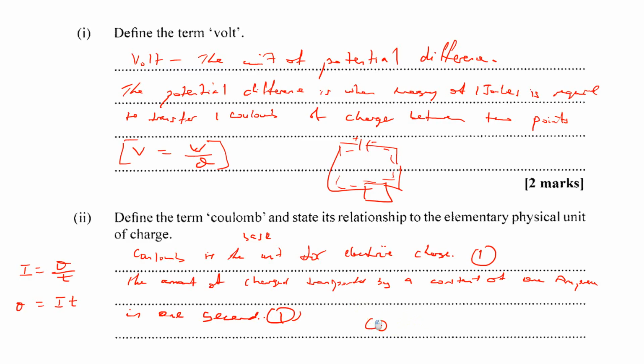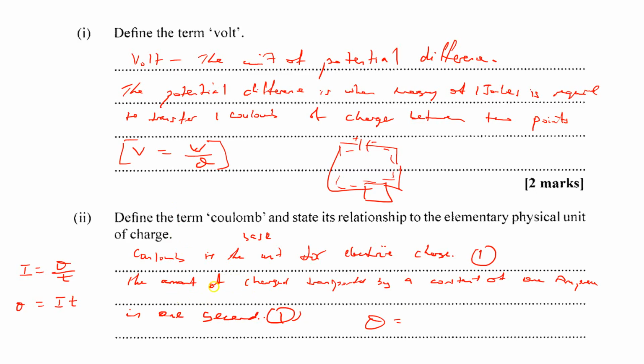So if we can recall anything about Millikan's oil drop experiment, he was the one who found the charge of an electron. And when he did that, he found out that charge is quantized, meaning that there are several units of charge.